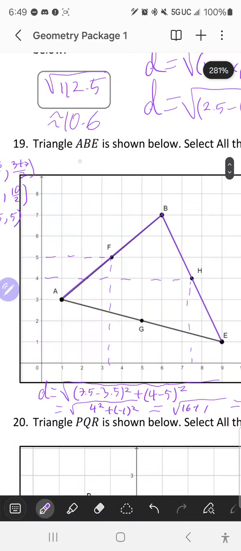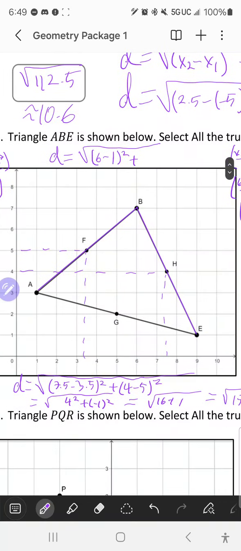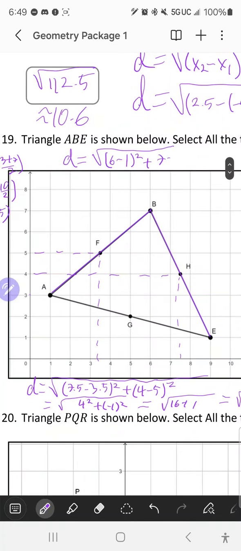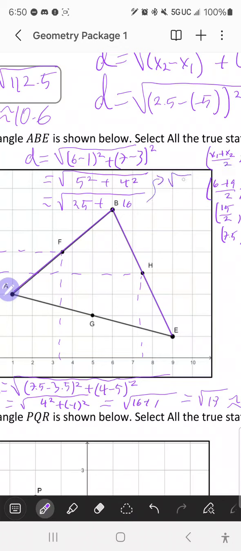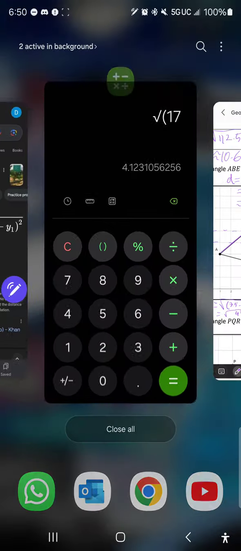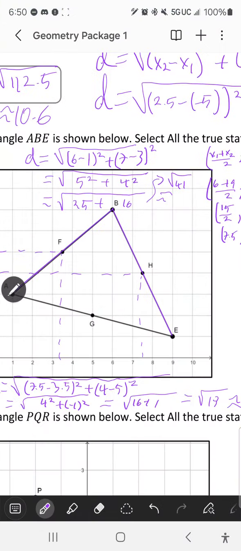Now AB, we use the same formula again. So AB is 6 minus 1 squared plus 7 minus 3 squared, which is equal to the square root of 5 squared plus 4 squared, which is 25 plus 16, which is the square root of 41, which is approximately 6.4.